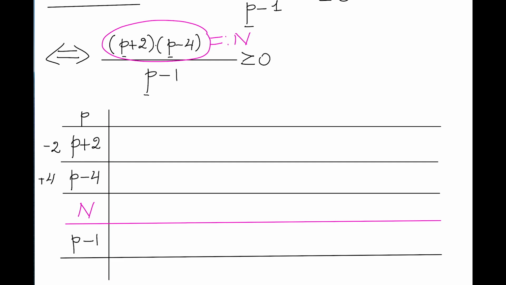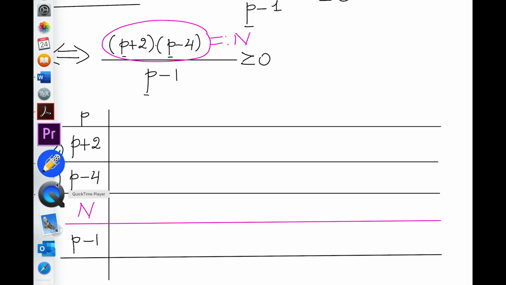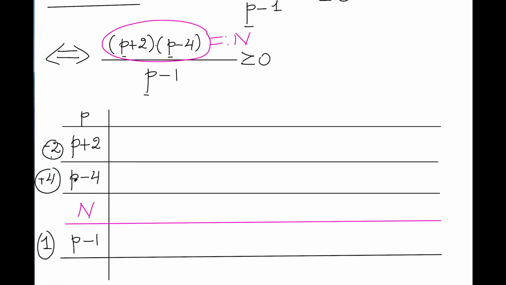And for p minus 1, it's 1, right? So the critical numbers minus 2, plus 4, and 1 make each of the factors 0. Minus 2 makes p plus 2 zero, plus 4 makes p minus 4 zero, and plus 1 makes p minus 1 zero.